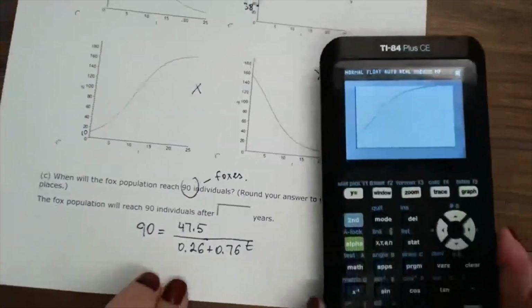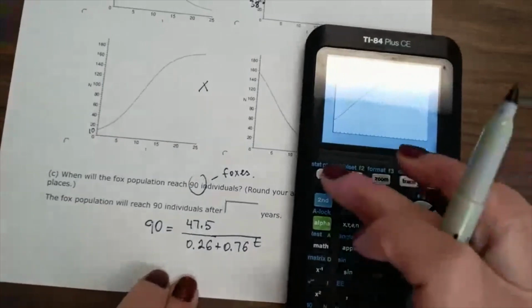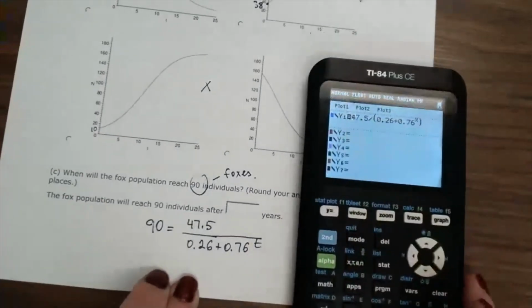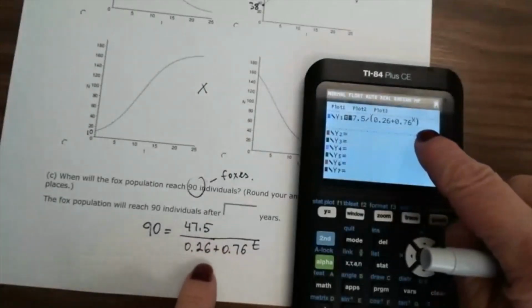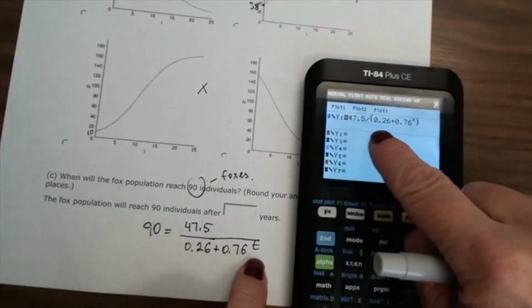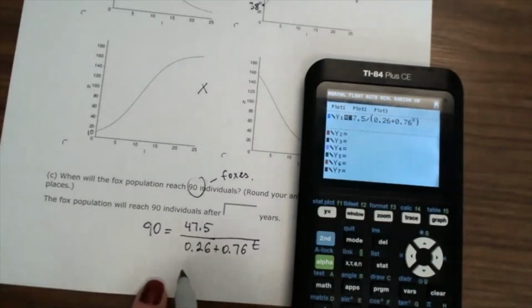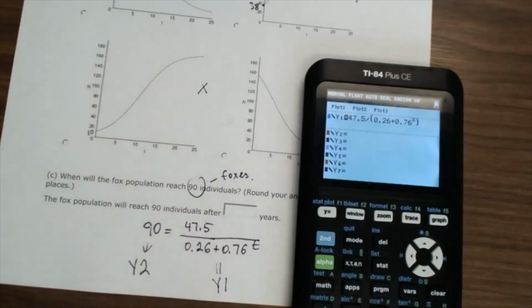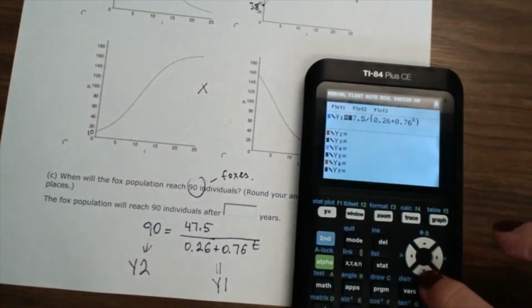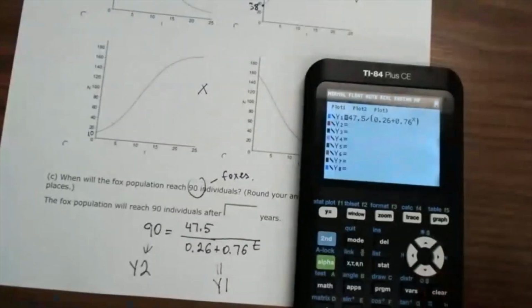If you click y equal to, you see that the right part of this equation is our y1. So this is equal to y1. And 90 will be our y2. This is the second equation. So you go down and type 90.